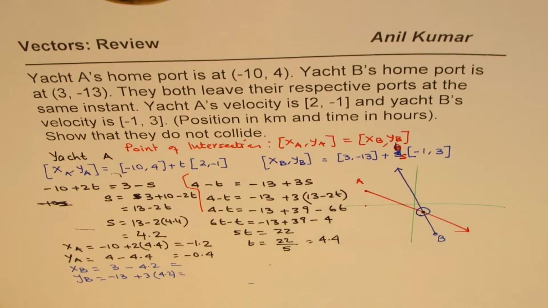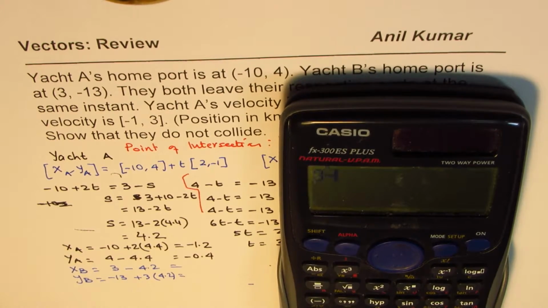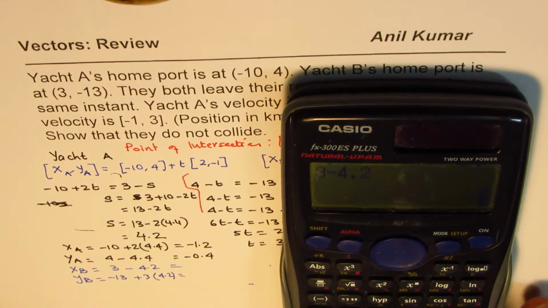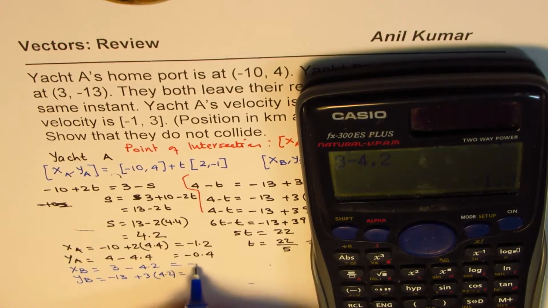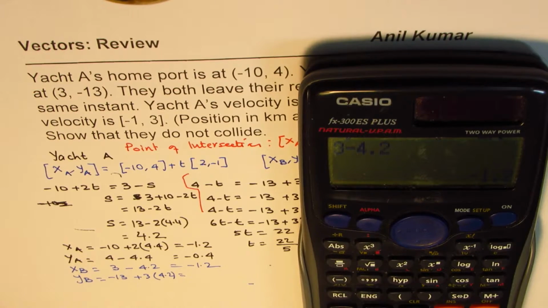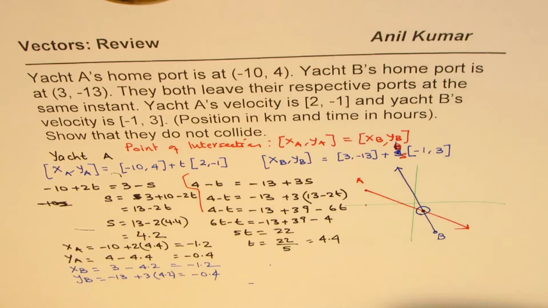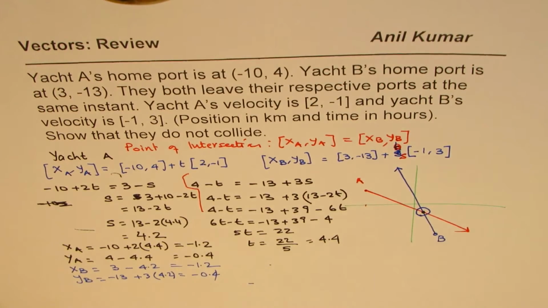So 3 minus 4.2 equals minus 1.2, and for YB, 3 times 4.2 take away 13 is minus 0.4. As you can see, they perfectly match.